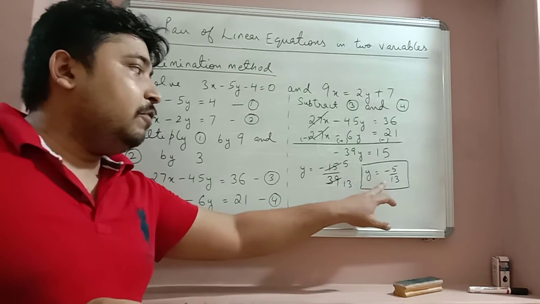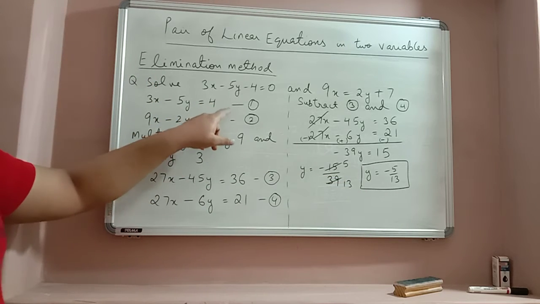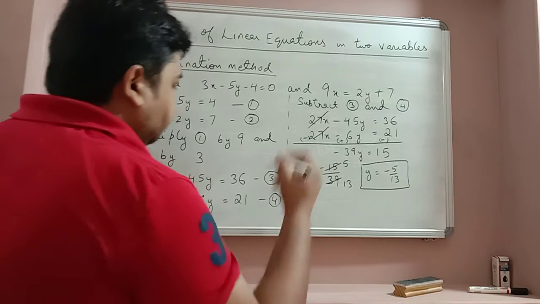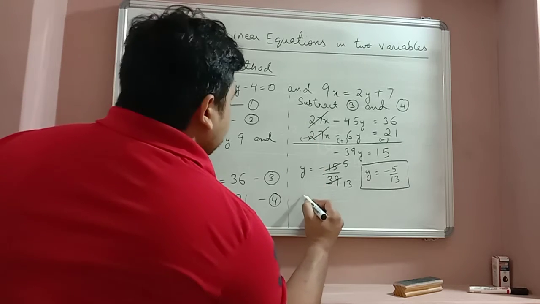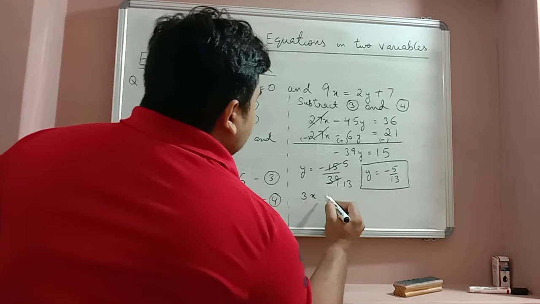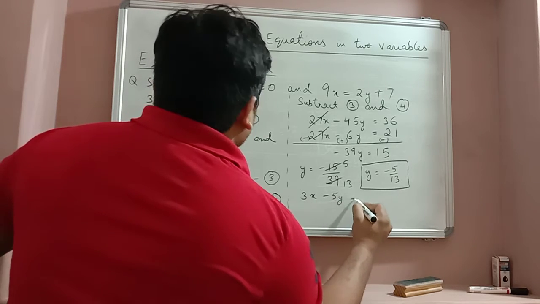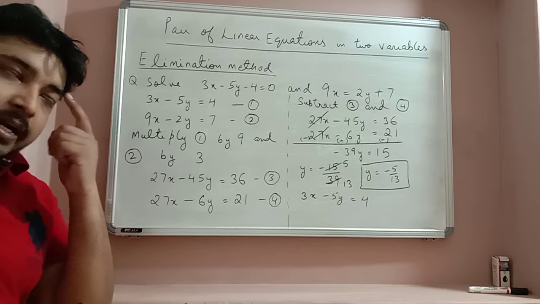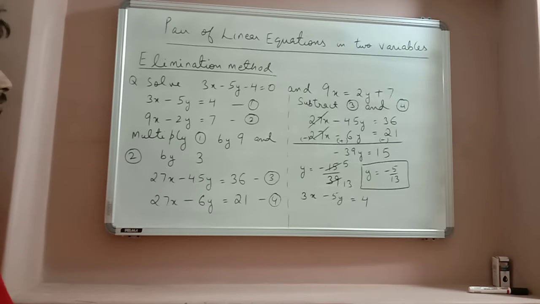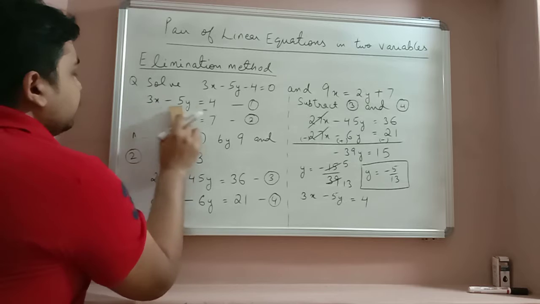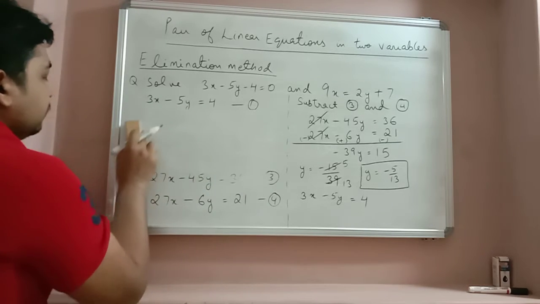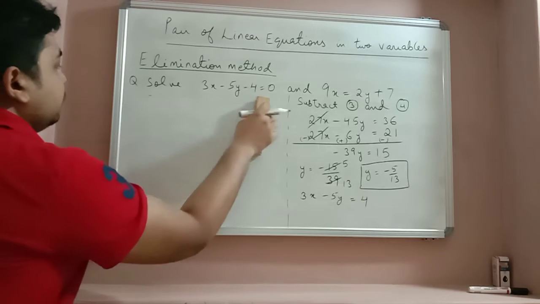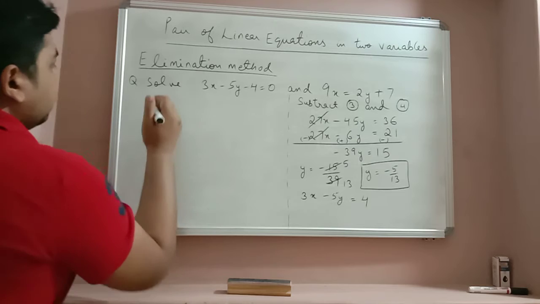Now since we have got the value of y, we can put it in the first or the second equation in order to get the value of x. So let me do that. Let me take the first equation. The first equation is 3x minus 5y equals 4.